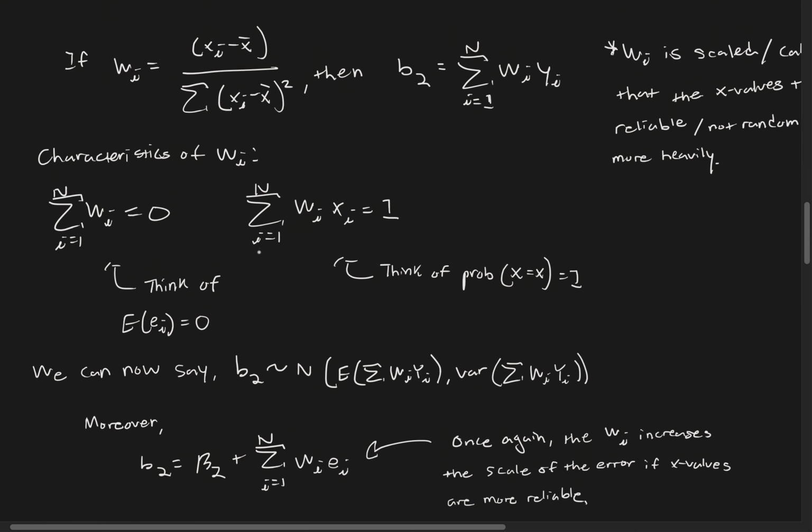Some interesting characteristics are that the sum of the weighted values will equal 0, and if we multiply by the x values, it'll equal 1.